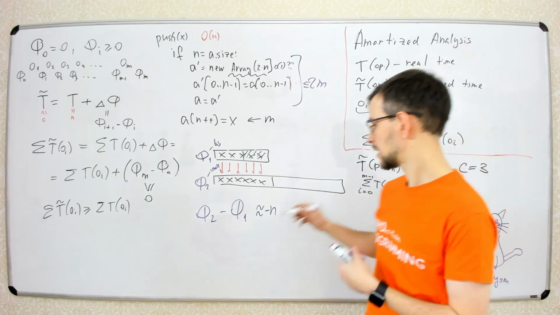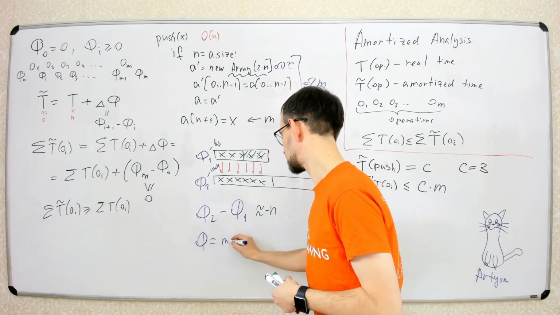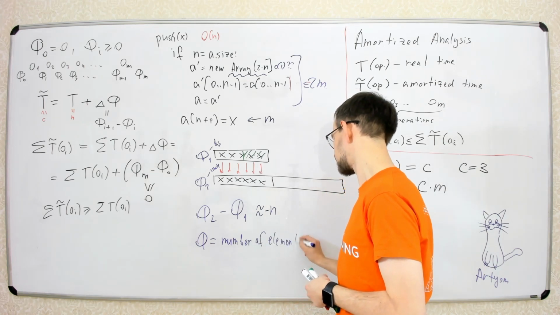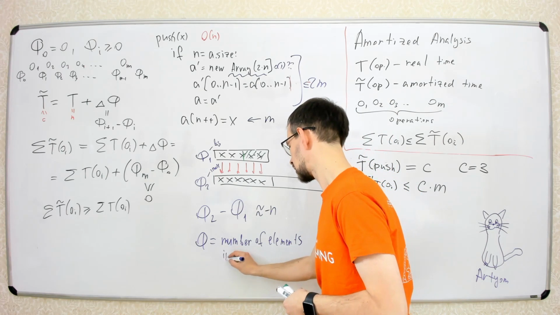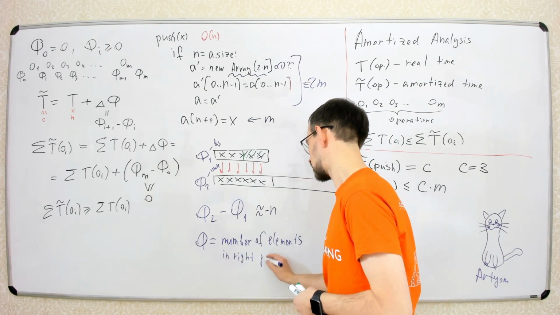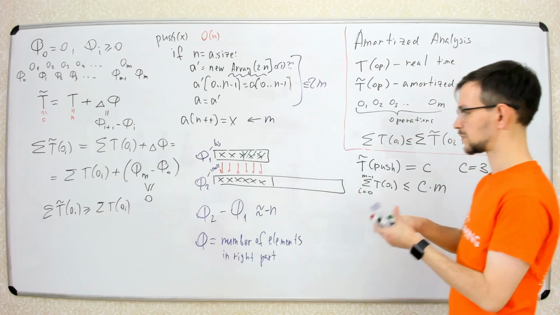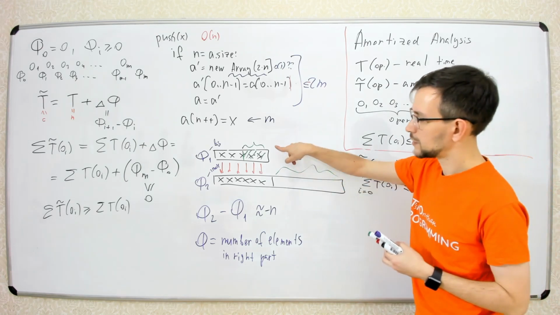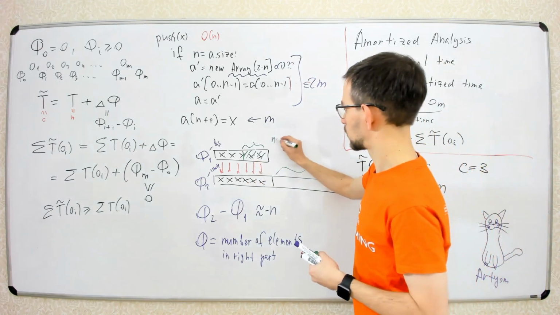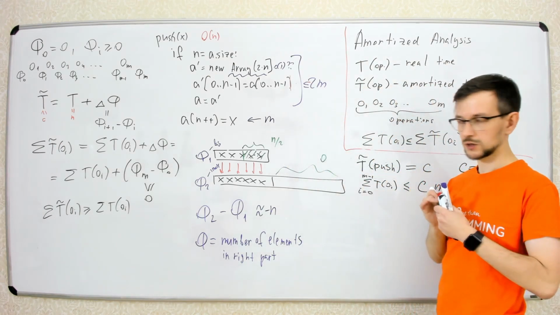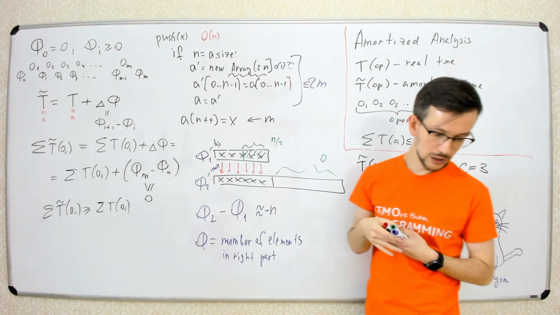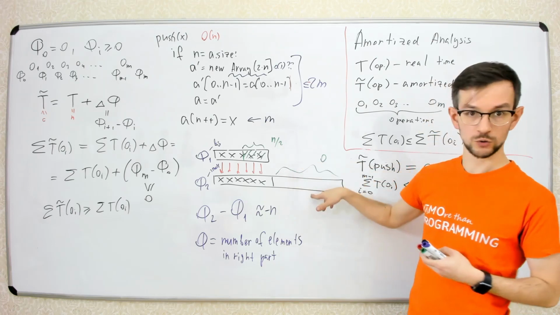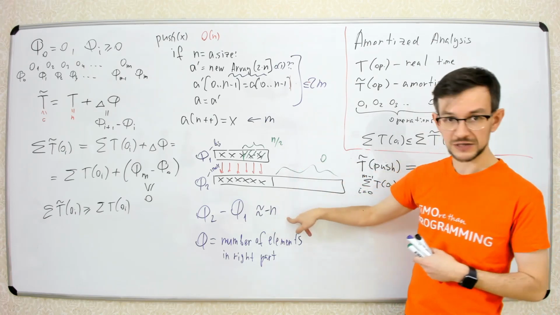So if we say that the potential equals the number of elements in the right part of the array, here we have about n over 2 elements, and here we have 0 elements. So this change will be about minus n over 2. But we need to make it minus n.